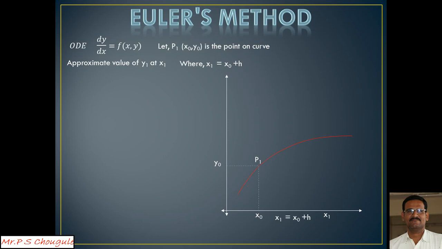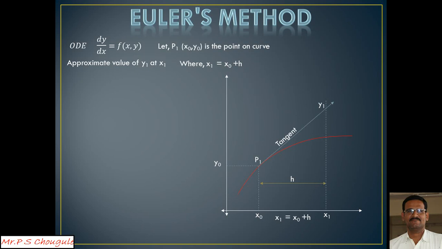By this Euler's method, we are only able to find the approximate value of y1. So to find this, I will draw one tangent from point P1 which will intersect the line drawn from x1 at y1. Now this will be the location of y1.